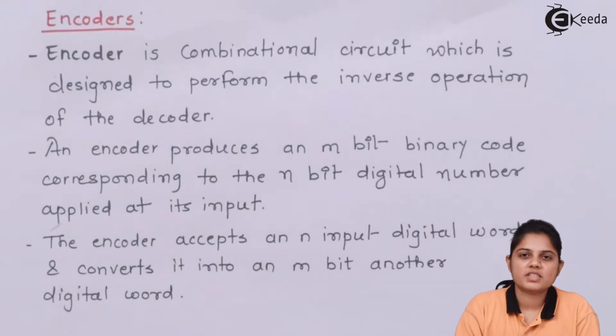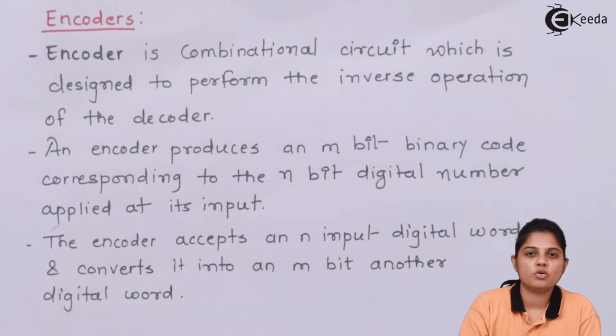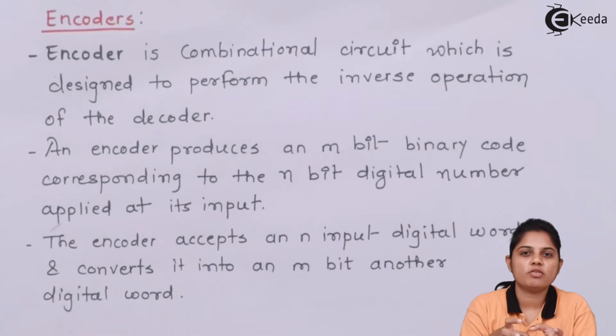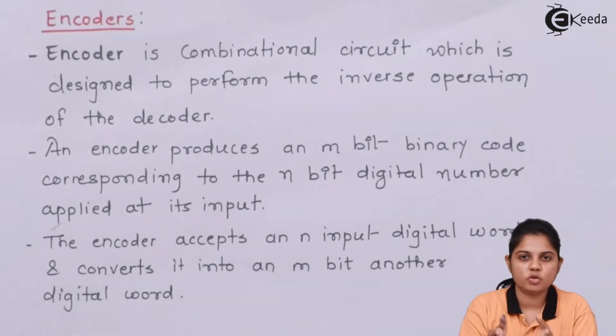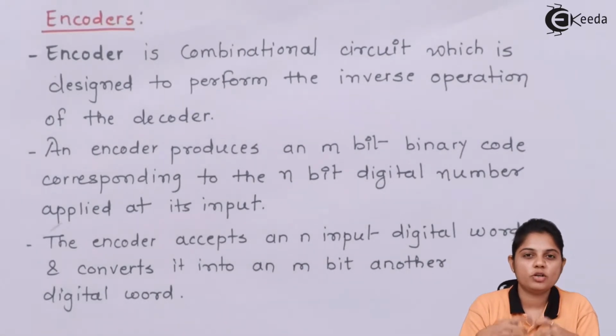At the receiver side you must have a decoder which will decode the data. First the data is encoded, then it travels from one point to another through a proper medium, and then at the receiver side the decoder decodes that information, which can then be displayed to the receiver.